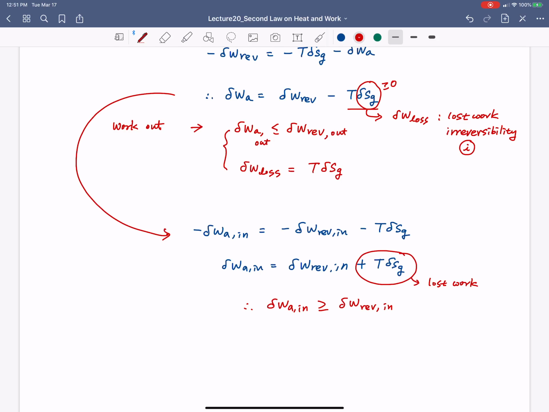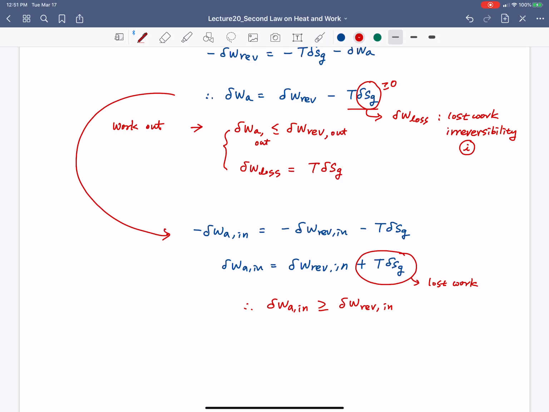When you actually produce work, the actual work is always smaller than the reversible work. And when you need to put work into your system, the actual work you need to put in is always greater than the reversible work for the ideal system. We are going to talk a little more about this difference in the example.